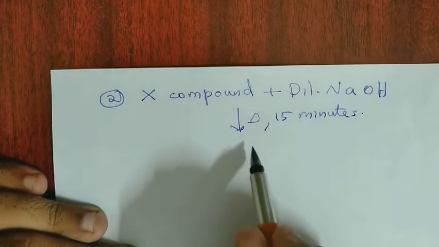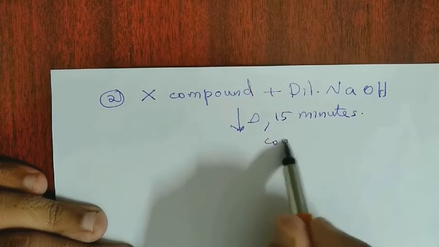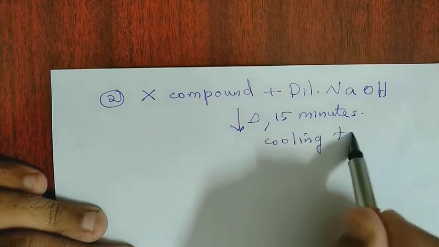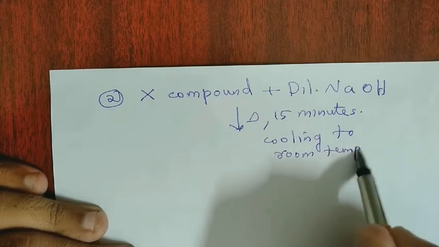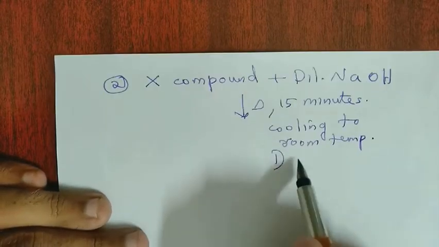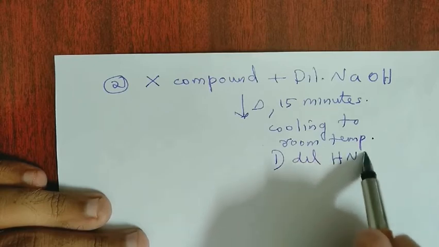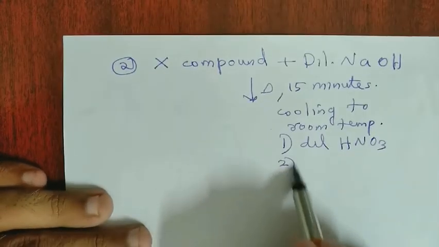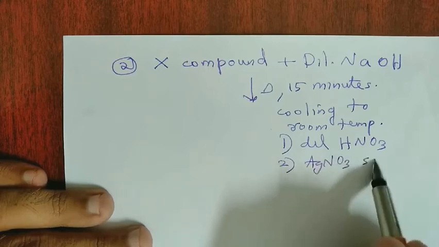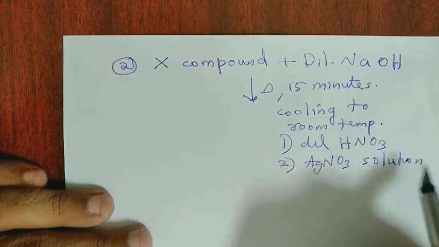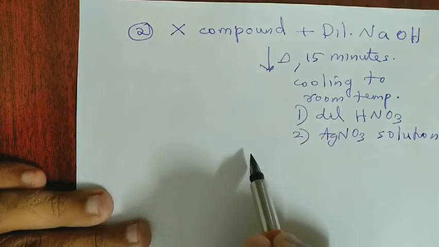After cooling to room temperature, the mixture is acidified with dilute HNO3 and then a few drops of silver nitrate solution are added.